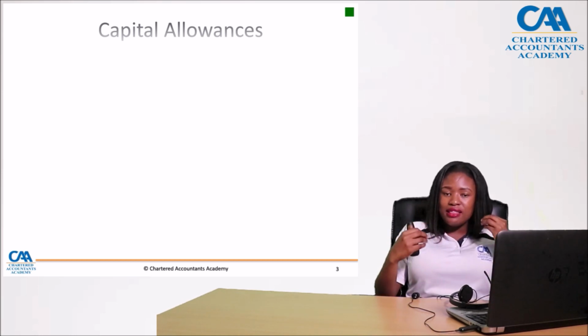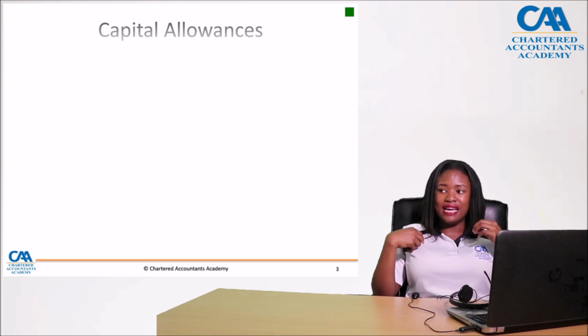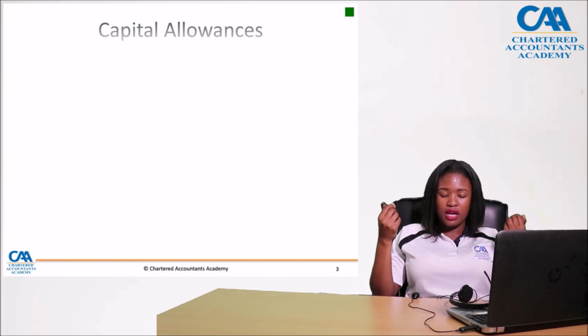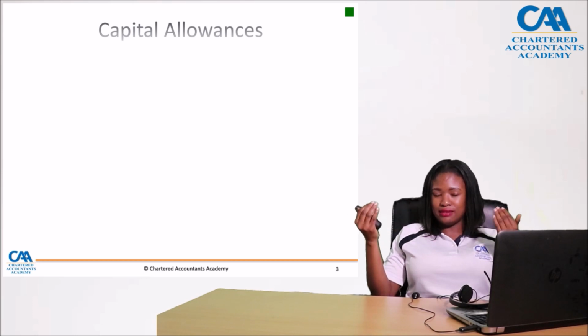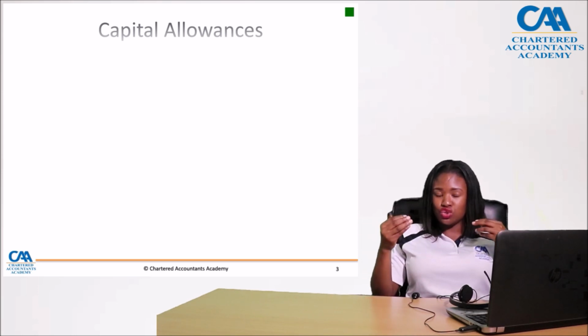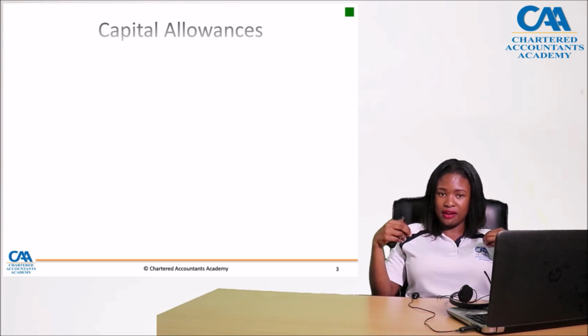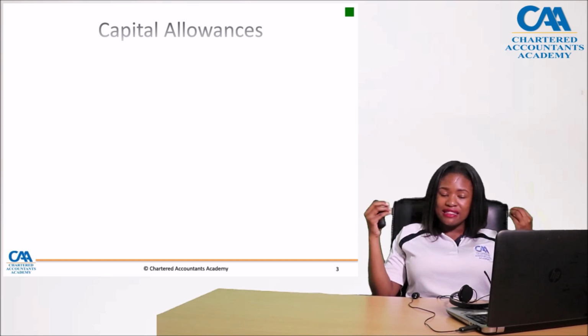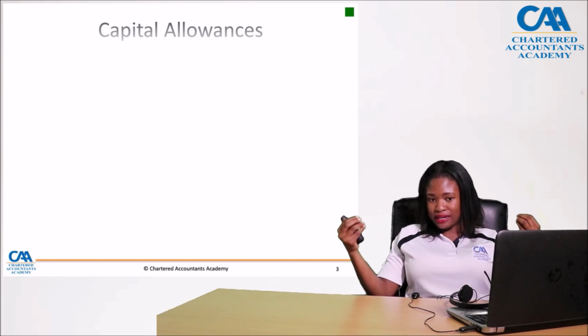So in this case, the taxman then sort of gave an incentive. Think about it this way. We have our assets, motor vehicles, whatever. These assets are capital in nature, so we couldn't deduct anything. But we're using these assets to produce income.